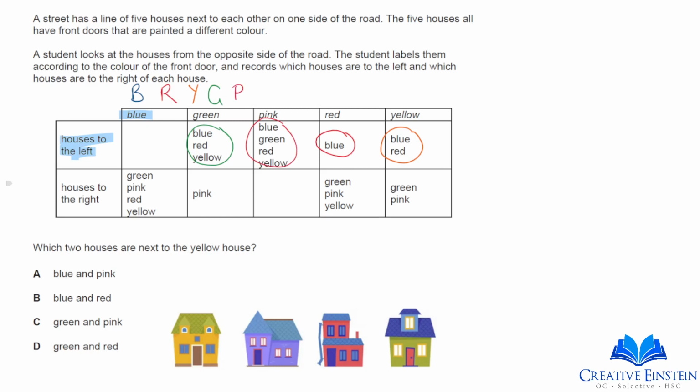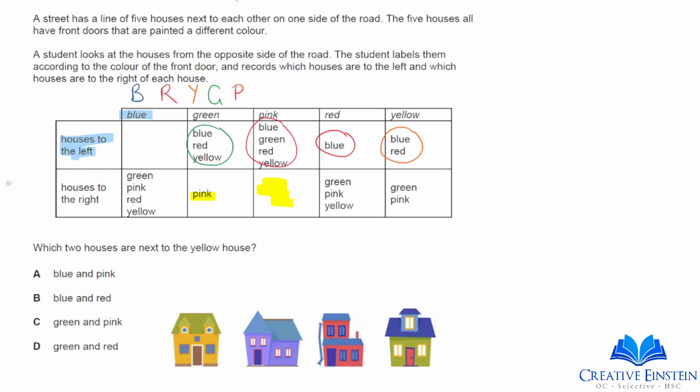Okay, now let's take a look at the houses on the right just to be sure that we're on the correct path. So we have nothing to the right of the pink house. That is correct. And then next to the green house, we only have the pink house to the right of it. We have that already.